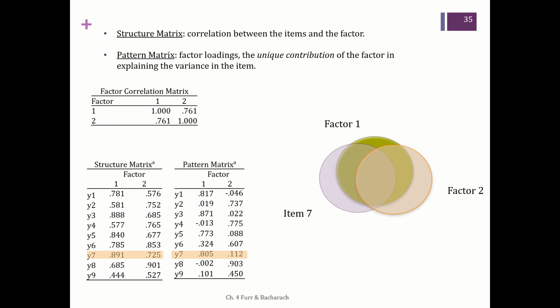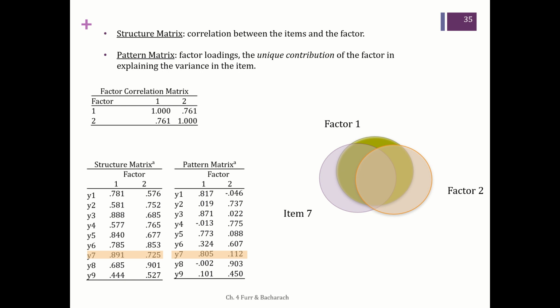So if we move to the Venn diagram, what we see in the structure matrix, for example, for vector 1 and item 1, so the 0.781 correlation, is the total overlap between the green circle representing vector and the blue circle representing item 7. So the total overlap is what we see in the structure matrix. Same for vector 2.